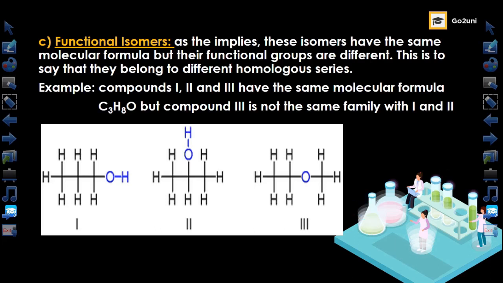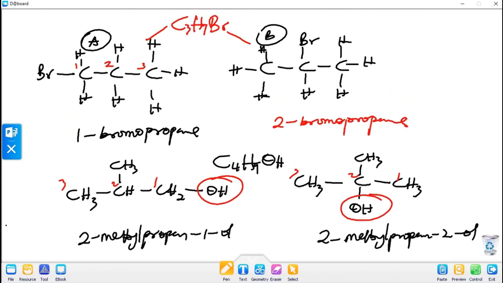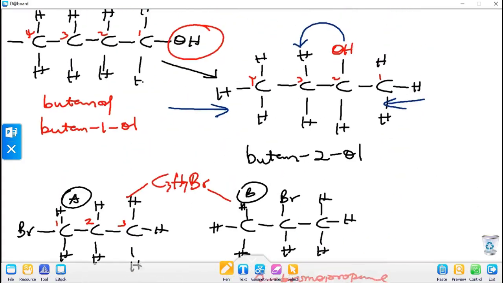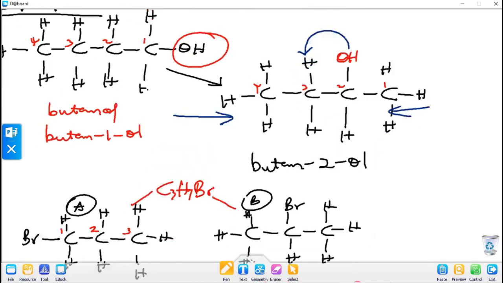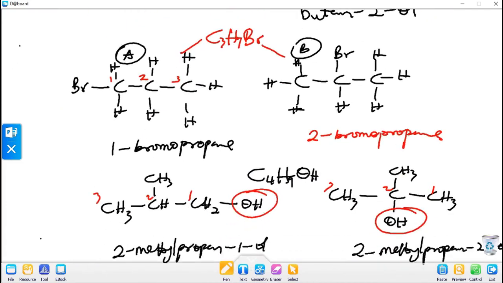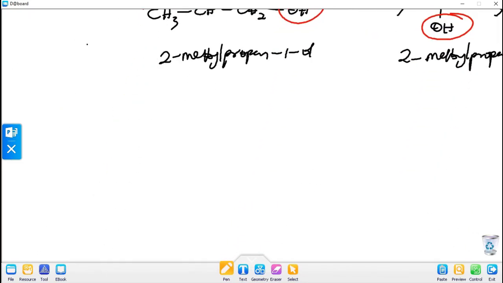But what about their structural formula? First and foremost, let us take a look at what we have done so far so that you get to understand: positional isomers we have seen, chain isomers we have seen. Now we are looking at functional isomers.